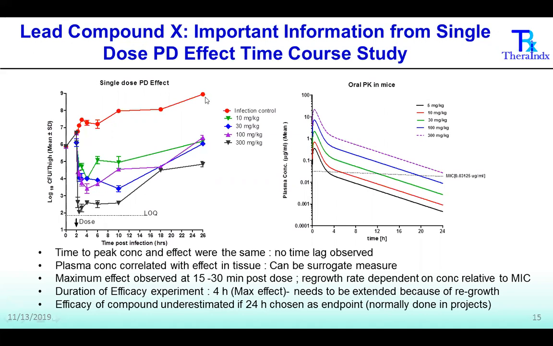And if one reads out at 24 hours, it seems that the compound did not show much efficacy, except at the higher doses. They seem to be at the same levels as when the infection began. So the efficacy of the compound could be underestimated if one does endpoint experiments without studying the time course experiments.